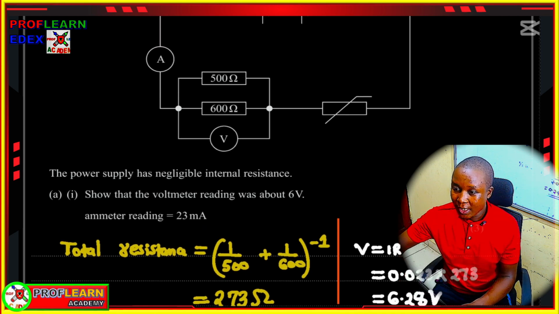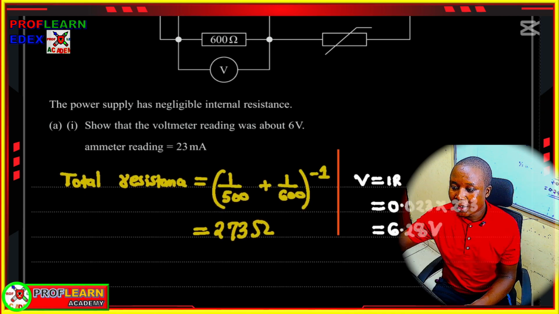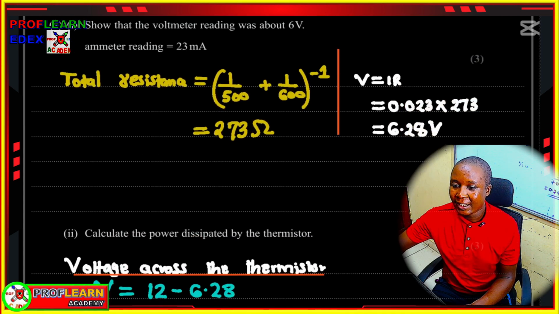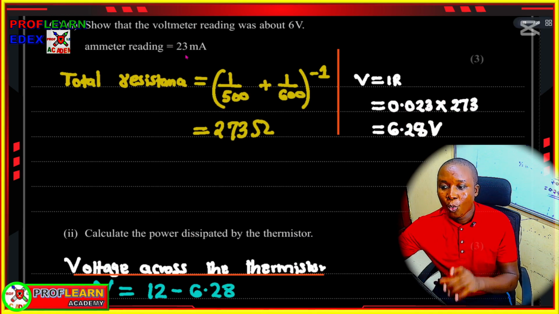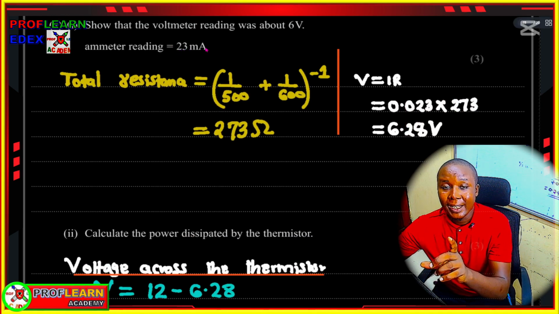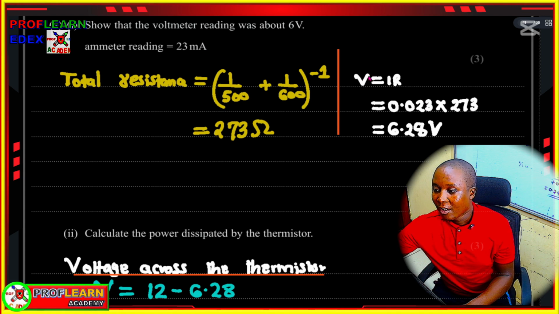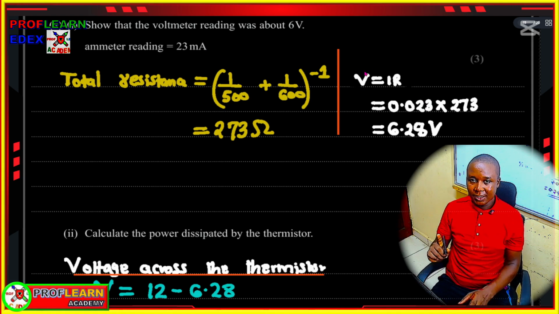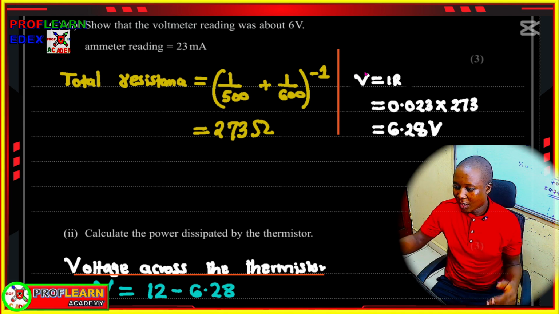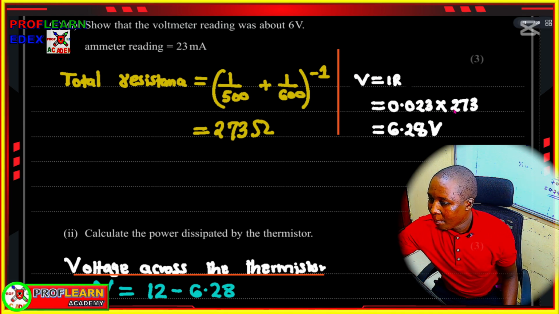Now with this resistance at this given point, it goes without saying that we can now use the current that was given. The current passing through the circuit was 23 milliamperes. So voltage equals current times resistance. This is Ohm's law, isn't it? Then we substitute 0.023.